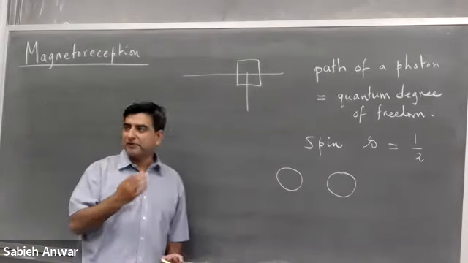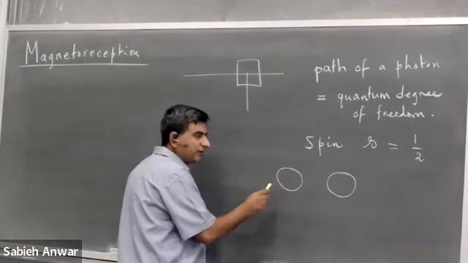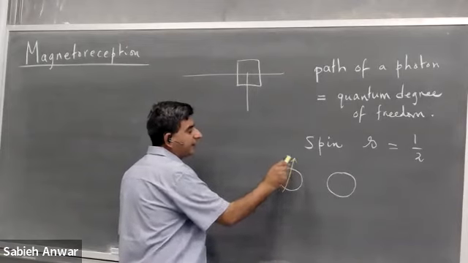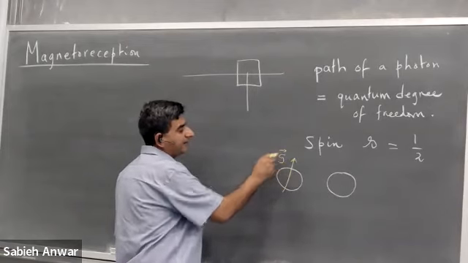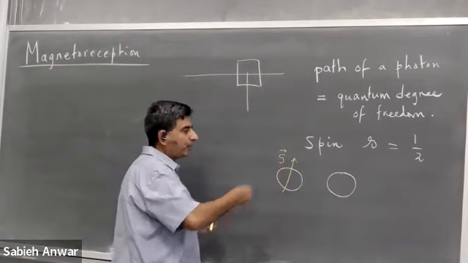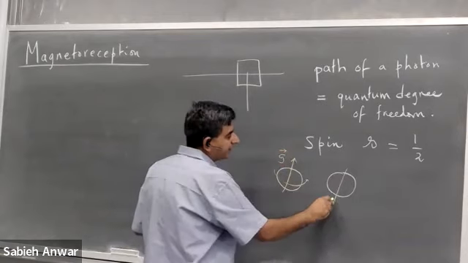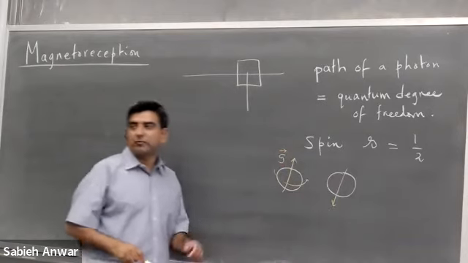This could be clockwise rotation or anti-clockwise rotation. And as a result of this rotation, there is an angular momentum vector S. If the rotation is anti-clockwise when viewed from the top, you will have a vector pointing up. Otherwise, you will have a vector that is pointing downwards.